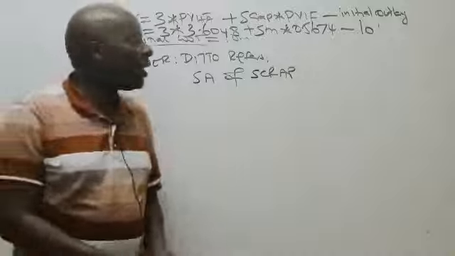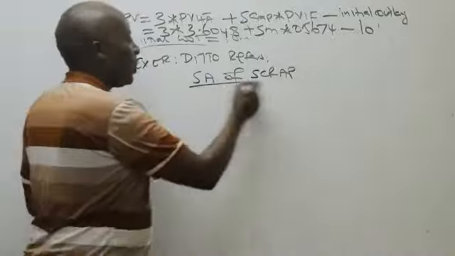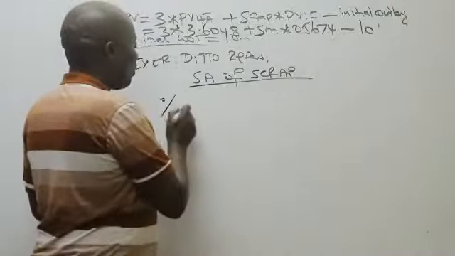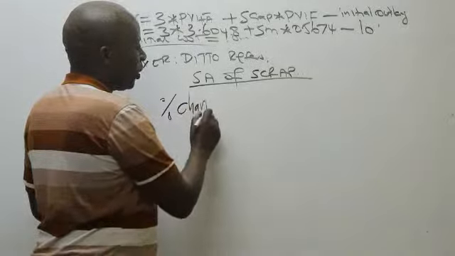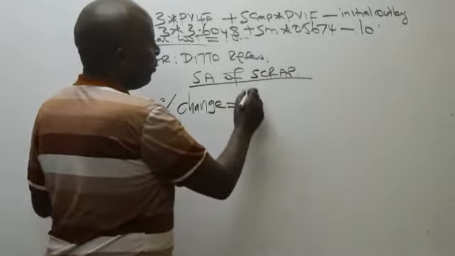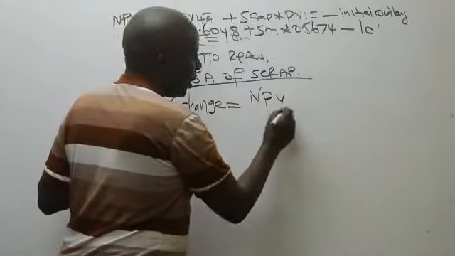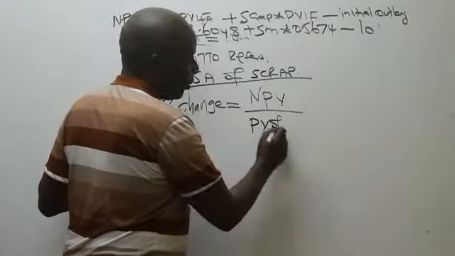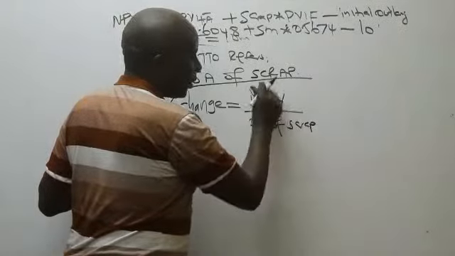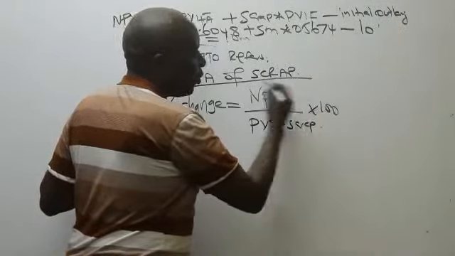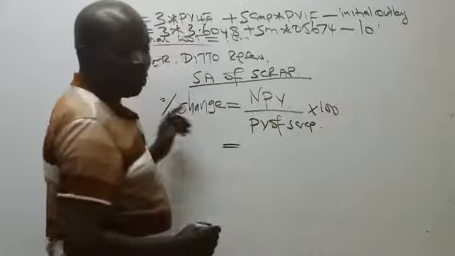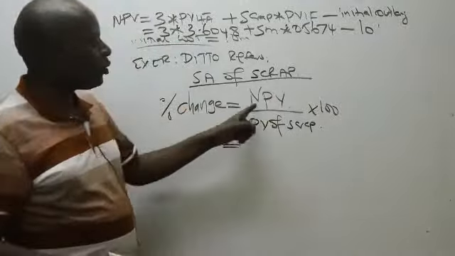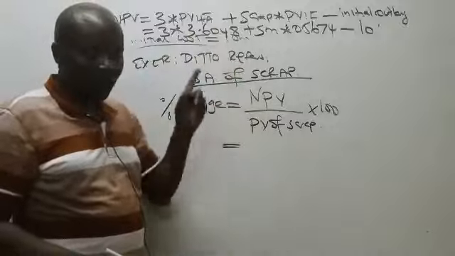They're telling me that this sensitivity analysis involves computation of the percentage change. So the percentage change here will be Silvanus's NPV over the present value of the scrap, because they want scrap, times 100. And fortunately, you've just given me the net present value of Silvanus's model.